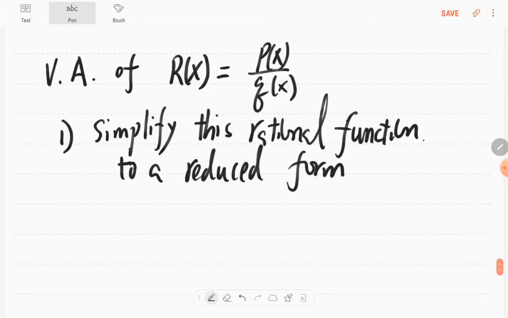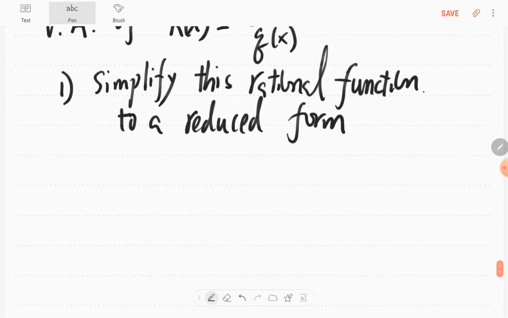In other words, P and Q have no common factors. You cannot simplify anymore.